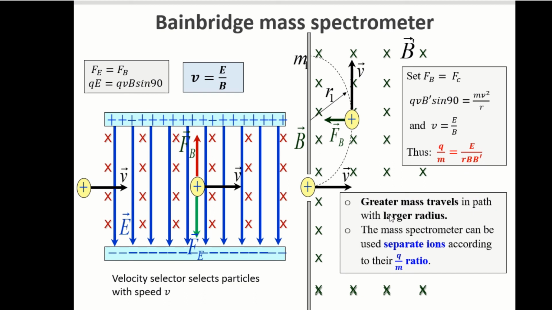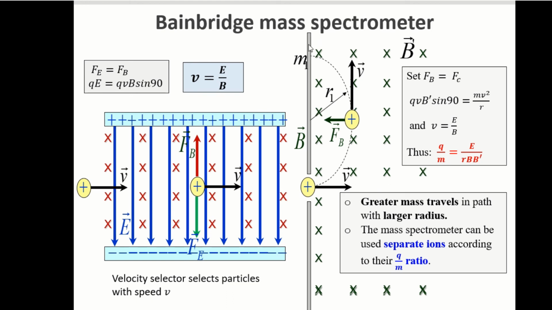What we can conclude from this equation is that the greater the mass, the particle will travel in a path with a larger radius. The mass spectrometer can be used to separate ions according to their charge per mass ratio. So if the charged particle has a greater mass, it will be deflected further.